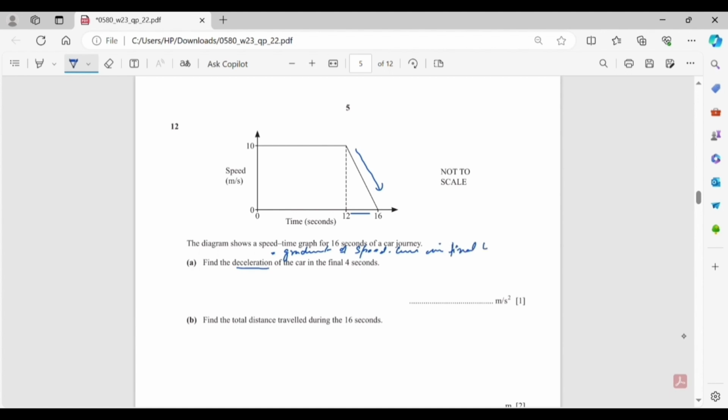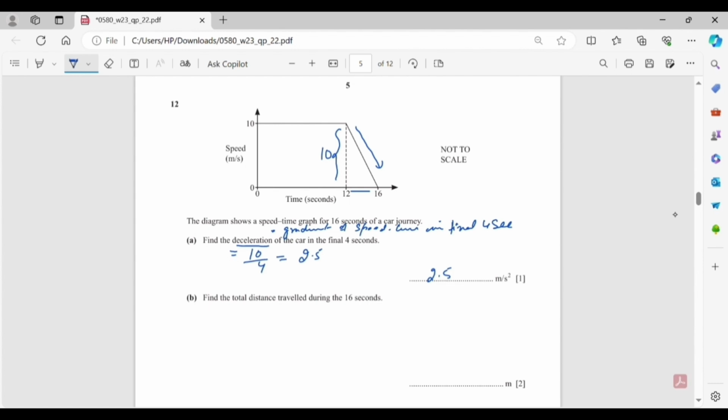The vertical length is 10 and the horizontal length is 4. So 10 vertical over horizontal, which is 10 by 4, is equal to 2.5. So our answer is 2.5 meter per second square.